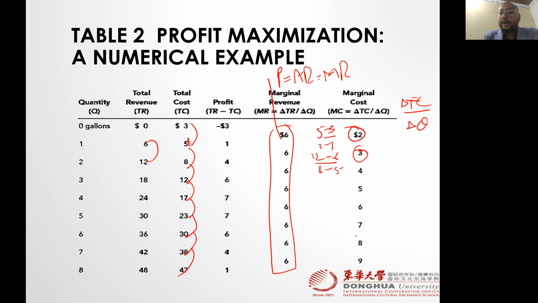Where do we get this 8? 42 minus 36 divided by 7 minus 6. Total cost divided by change in quantity. So I think I made a mistake here.